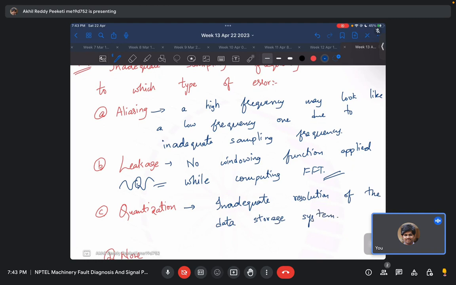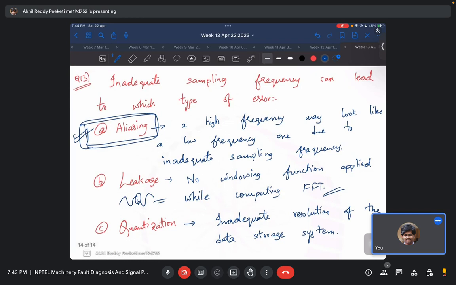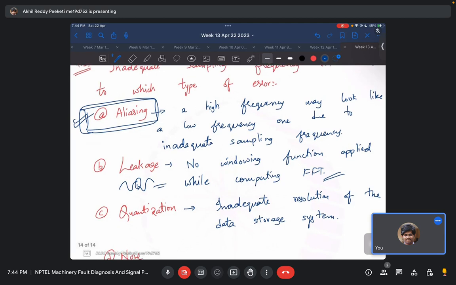Okay. So in this case, inadequate sampling frequency actually causes the aliasing error. Okay, let's move to the next question.